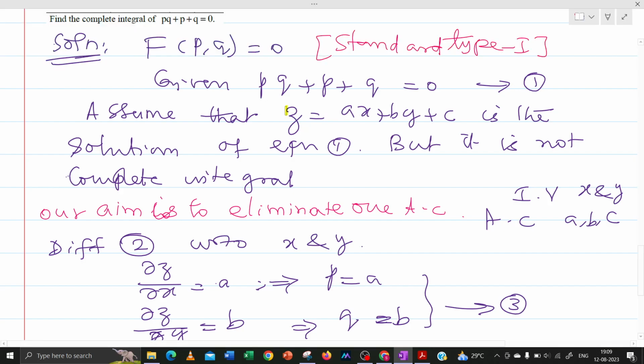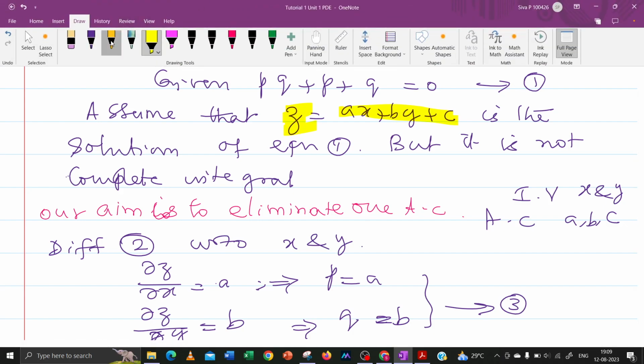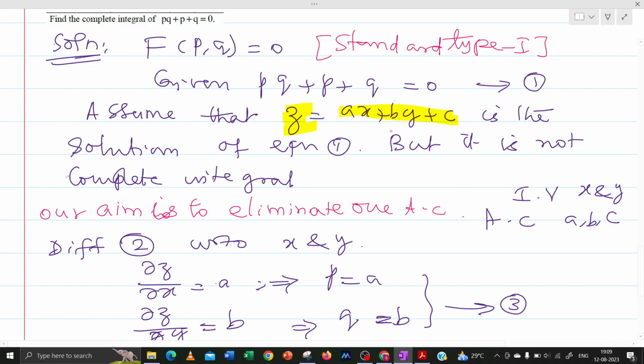Equation number 2 is z equal to ax plus by plus c. In terms of a, you are substituting b here. If you are substituting b in terms of a, what happened? It contains only the two arbitrary constants a and c, and two independent variables x and y. Therefore, it is the complete integral.